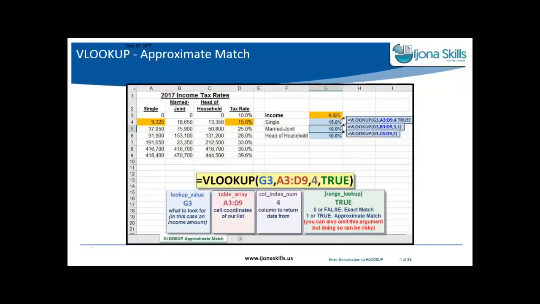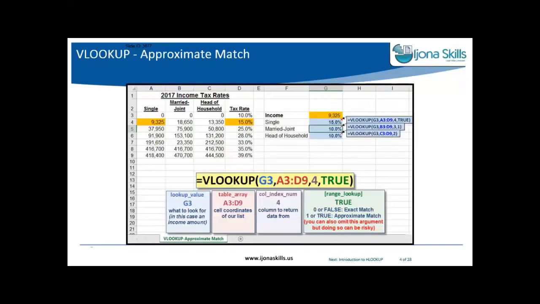The one way is to type out the word true. A second way is to put the number 1 there in place of the word true. Or the third way is to omit the argument entirely. And I'm not a fan of omitting the argument because most of the time when we're using VLOOKUP, we're going to want an exact match.